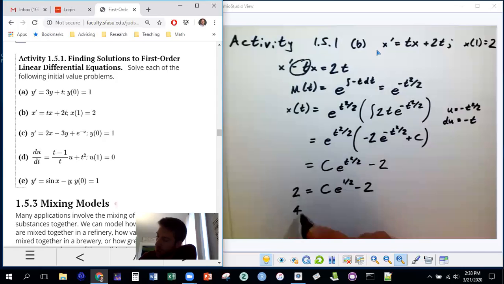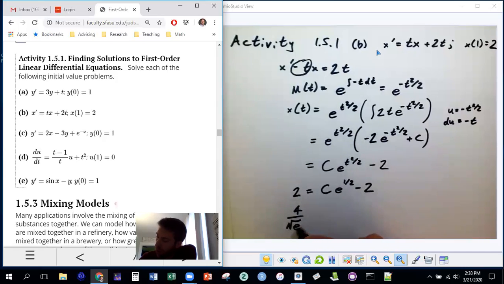So 4 divided by e to the 1/2 would be 4 over the square root of e equals c. Or you could write c as equaling 4 times e to the negative 1/2.